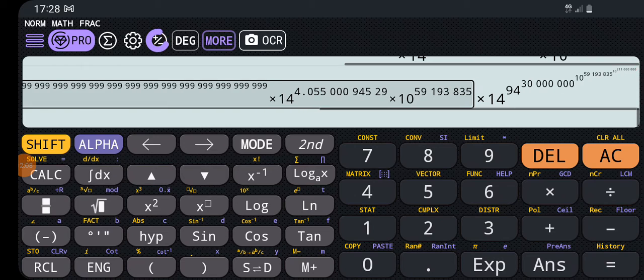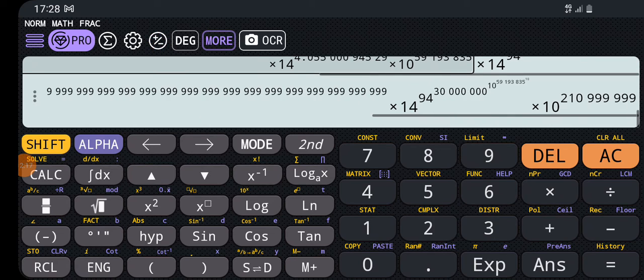This big number right here gives us this number.